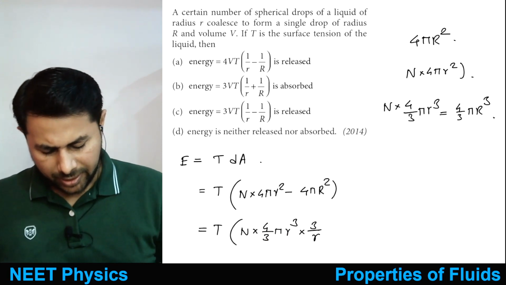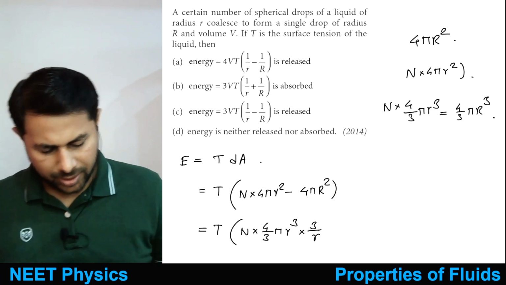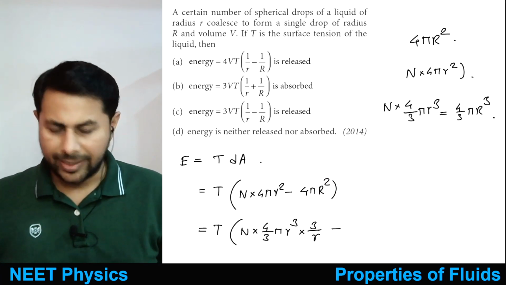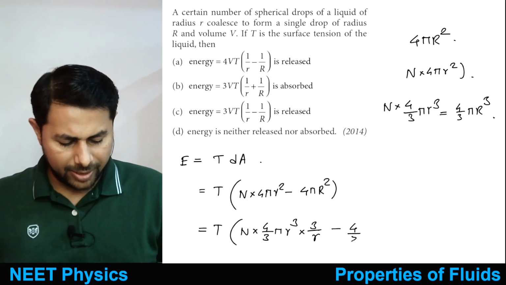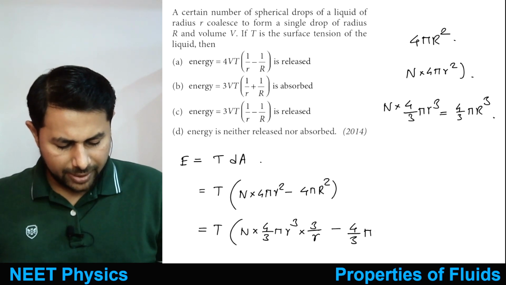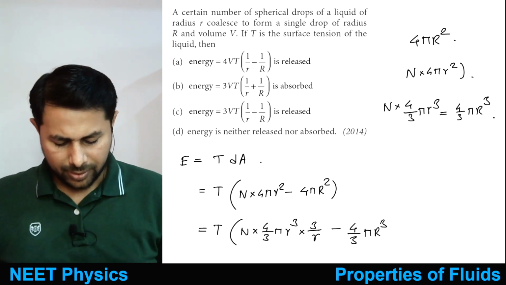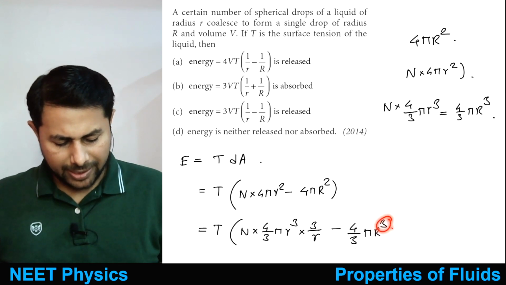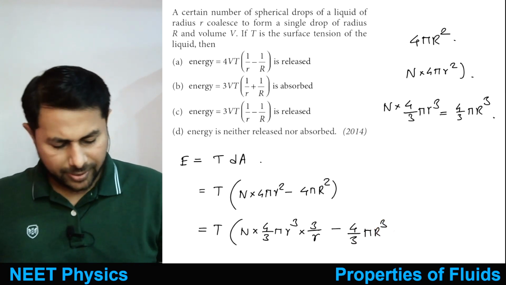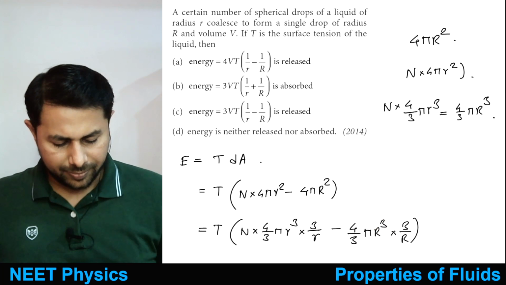And here also it is 4 pi R square. I want to adjust volume, so it will be 4 by 3 pi R cube. I have multiplied by R by 3, so I need to divide by that, therefore 3 by R.